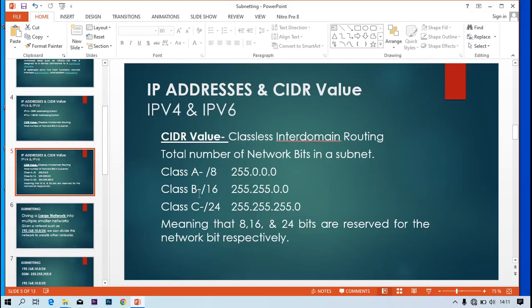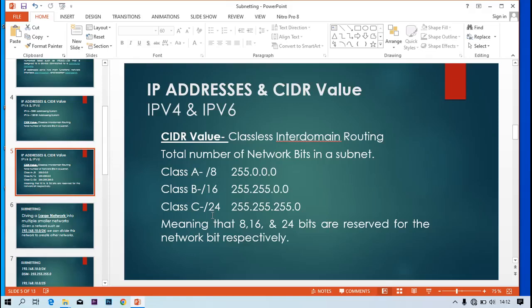With a class B, it has a default CIDR value of /16, meaning it has 16 bits reserved for the network and 16 bits reserved for the host. With a class C network, it has a default CIDR value of /24, and so it has 24 bits reserved for the network and 8 bits reserved for the host.